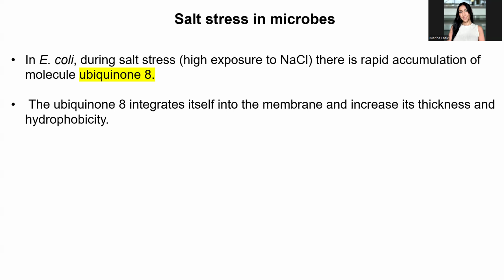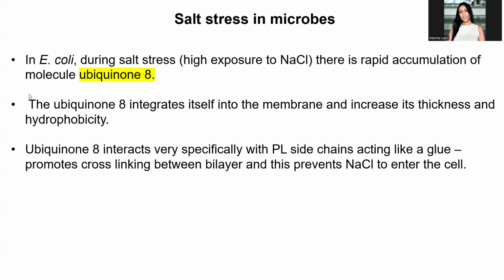E. coli will rapidly produce a molecule called ubiquinone 8. So don't be confused, this is not menaquinone. This is ubiquinone 8. And ubiquinone 8 will integrate itself into the membrane to increase thickness and hydrophobicity. So this would be one of the adaptations to salt stress that you would see if you are adapting bacteria to high salt stress.